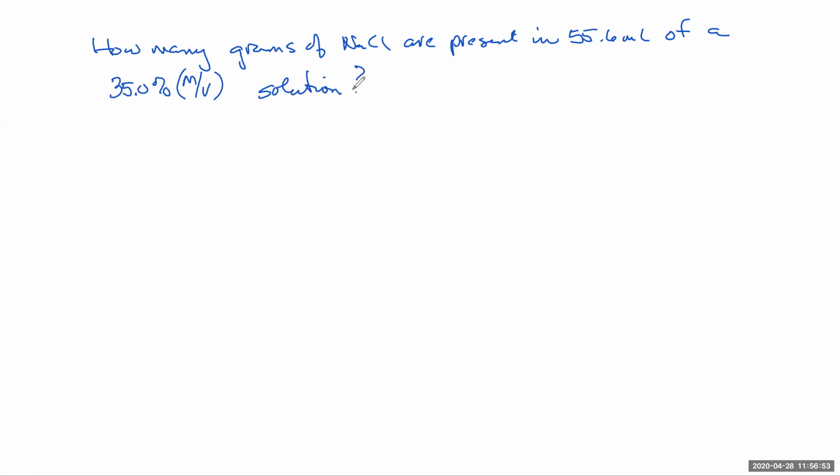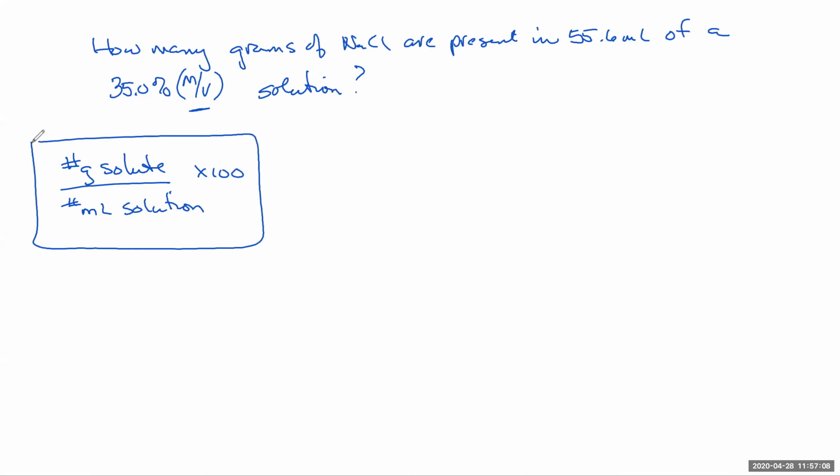So in this case, you're still going to use the formula. You see, it's mass to volume. So mass to volume is always going to be number of grams of solute divided by number of milliliters of solution times 100, right? That's our working formula. In the previous problems, you were given grams of solute and you were given milliliters of solution, and you were finding the concentration.